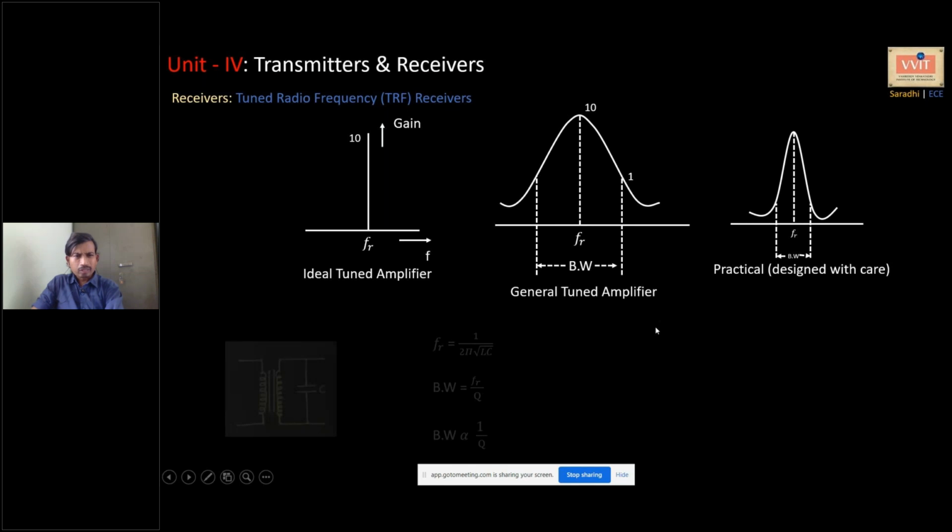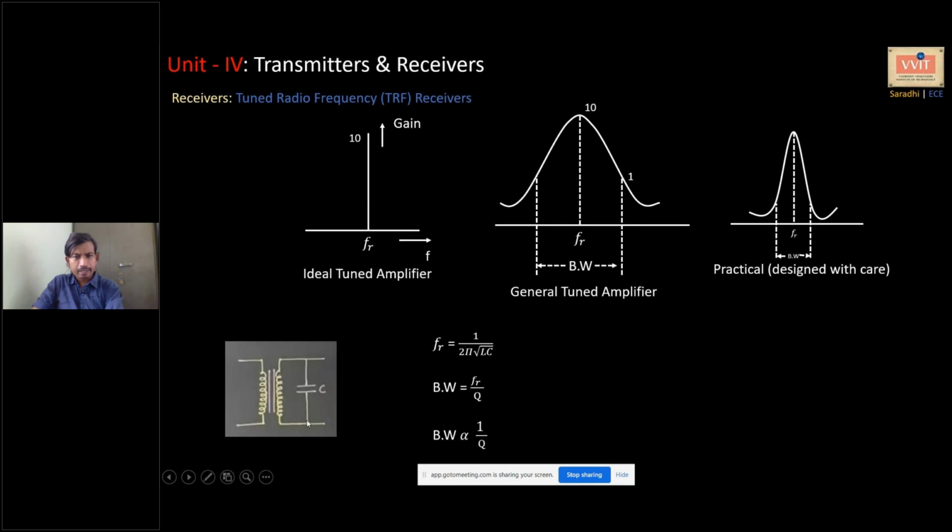Okay, so it can be a simple tank circuit. Now you will understand what the inherent difficulties are over here. Resonant frequency is 1 by 2 pi square root of LC, no doubt about that. But bandwidth is expressed in terms of resonant frequency divided by Q. Q is called the quality factor. So here you can understand fR is constant, so bandwidth is inversely proportional to the quality factor.